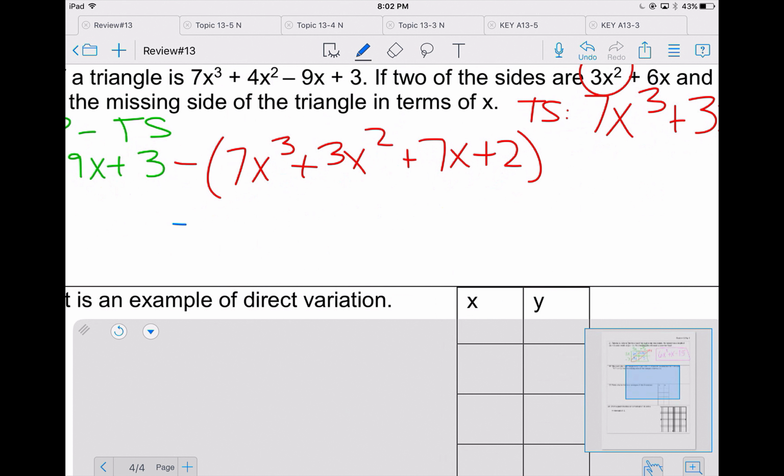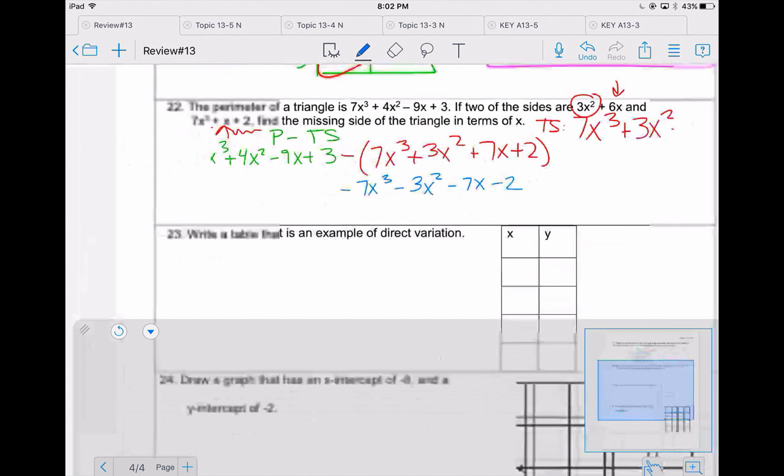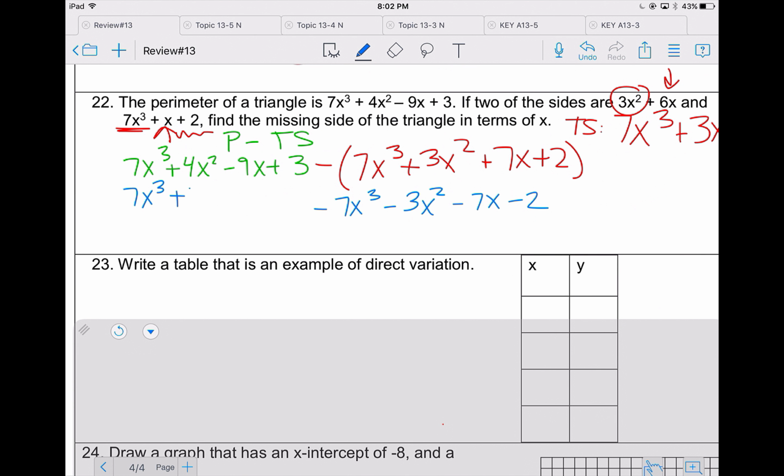Because I'm subtracting, I'm going to distribute that subtraction sign to make sure that I fully subtract every piece. So remember, anything that follows the subtraction sign in parentheses changes signs. Everything in front stays the same.